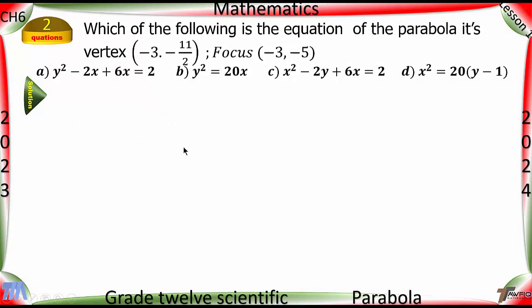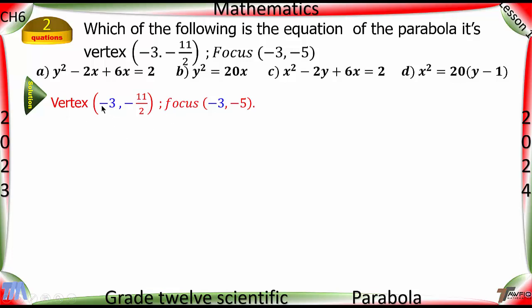Question number 2. Which of the following is the equation of the parabola? Its vertex is (-3, -11/2). Focus is (-3, -5). As you see, we have the vertex and focus.